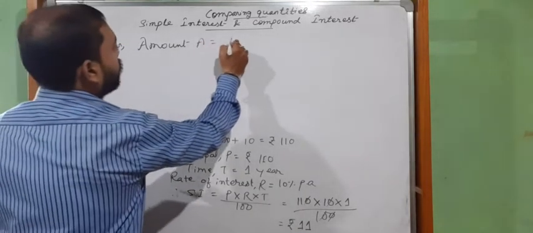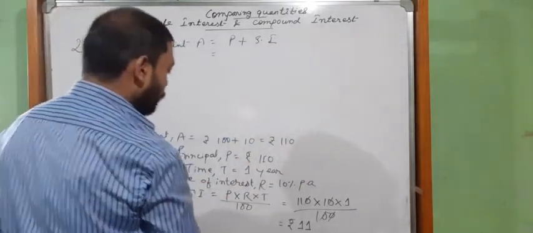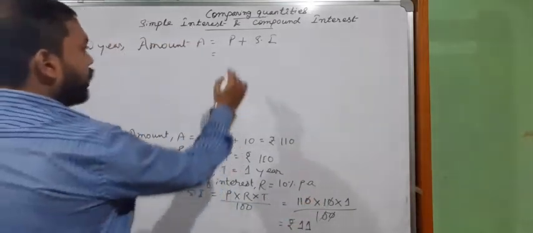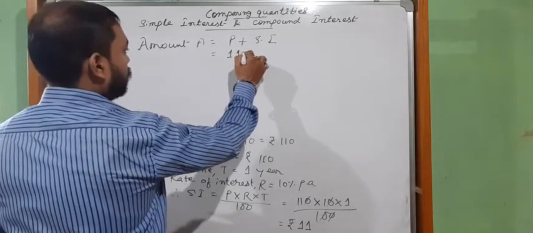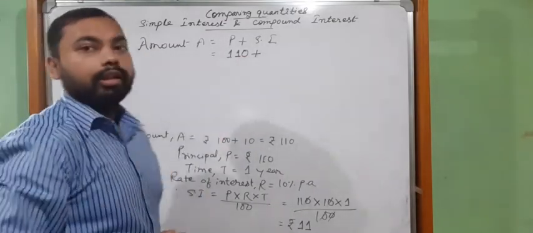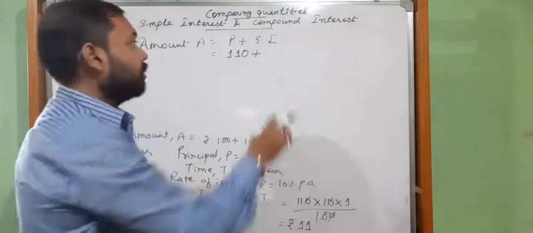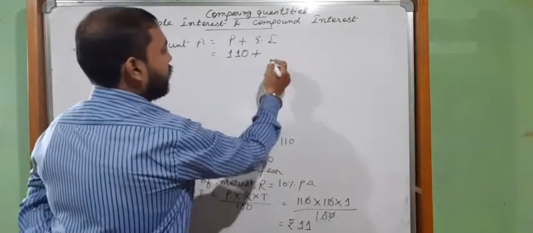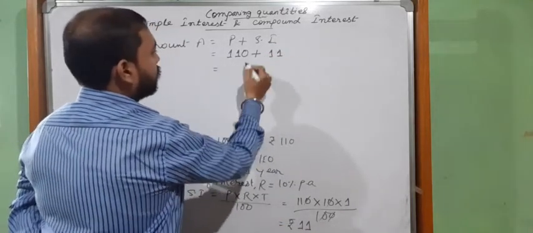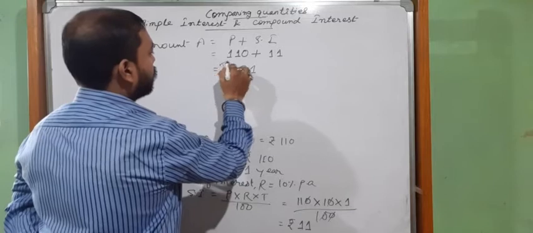Amount A is equal to principal plus SI. Now what will be my new principal? It is 110. This is the change effect, you can see, because we have not taken the principal 100, we have taken 110, that is the amount of the first year. So 110 plus SI, and SI we have got 11. So what is my answer? It is rupees 121.